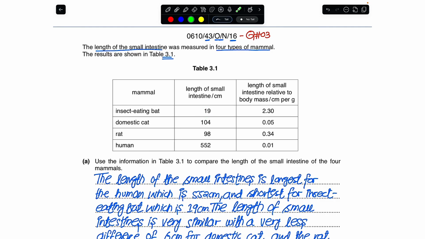The longest small intestine is for the human, that is 552 centimeters. And if we see the domestic cat and the rat, there is a difference of only 6 centimeters. For the domestic cat, this is 104. For the rat, this is 98. So comparatively the same, but with a slight difference of only 6 centimeters.